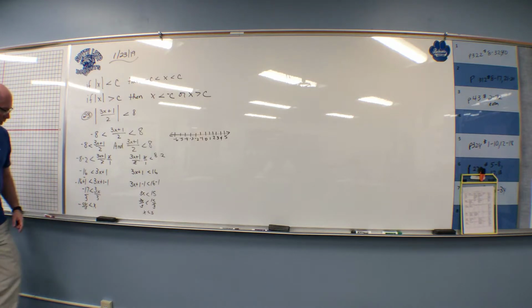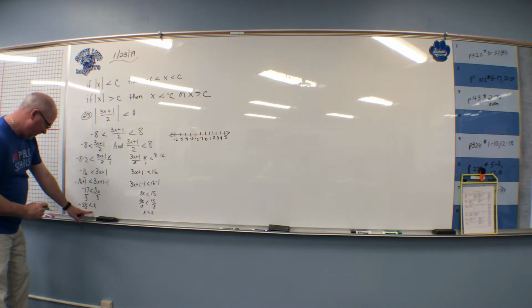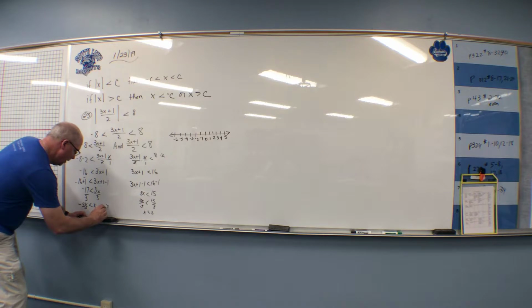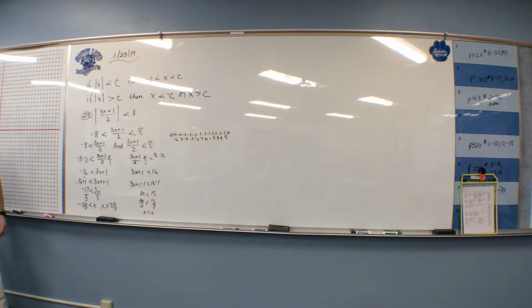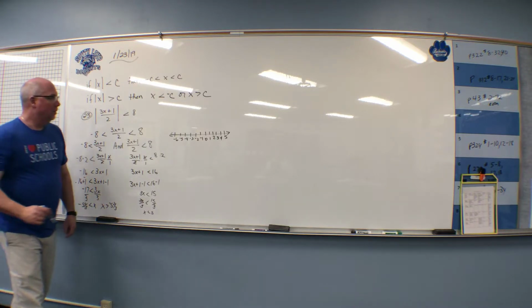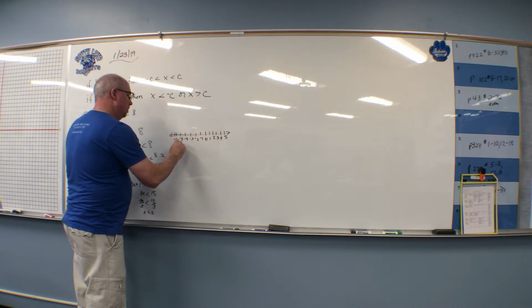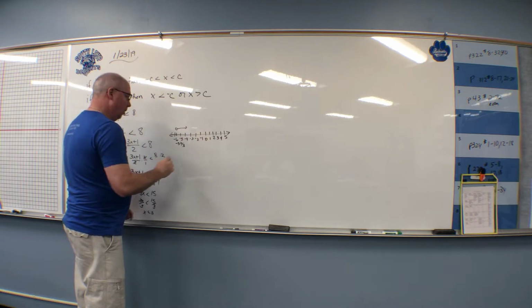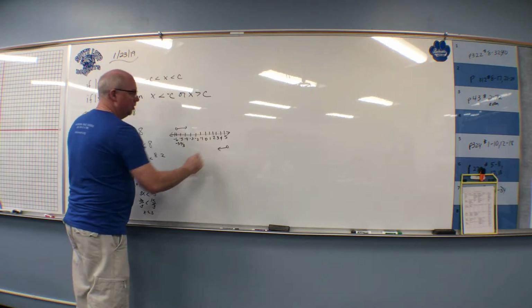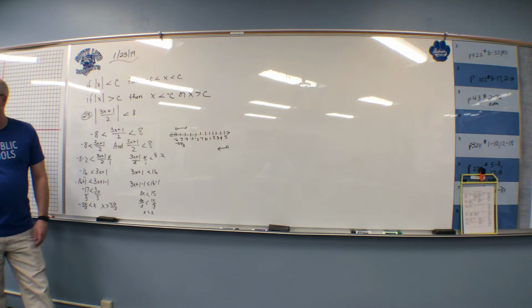I have an open circle. Oh, I should turn this one around, shouldn't I? It's x is greater than negative 5 2/3. So negative 5 2/3 is approximately right here. I have an open circle on that going right, and then I have an open circle on 5 going left. Is that true?